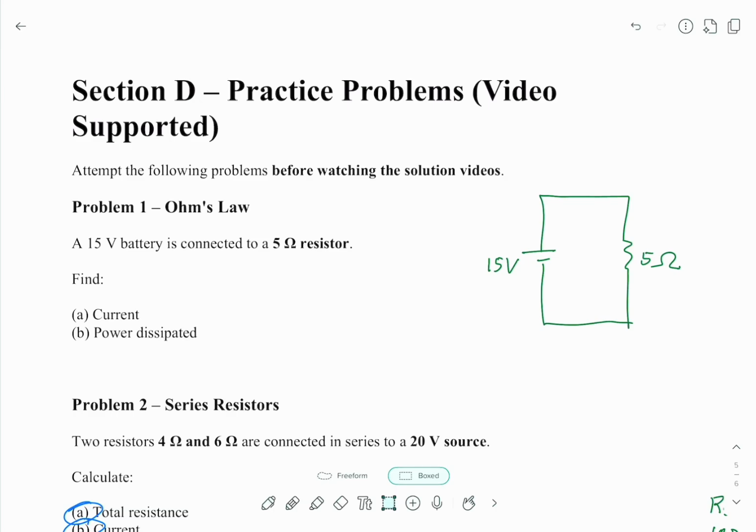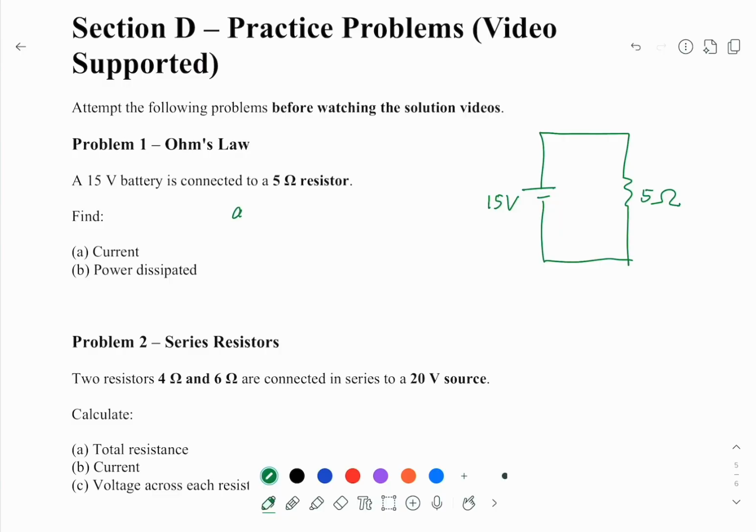Let's look at some practice problems. Problem number 1. A 50-volt battery is connected to a 5-ohm resistor. So A, we can just use Ohm's law, V equal to IR, and I equal to V over R. And 50 volt over 5 ohm, of course, is equal to 10 ampere.